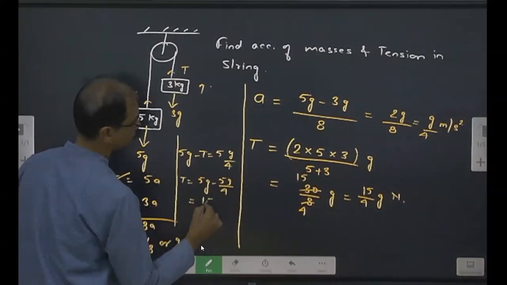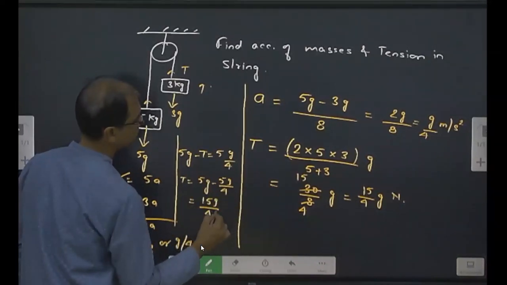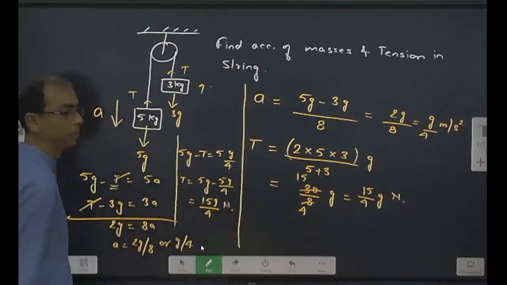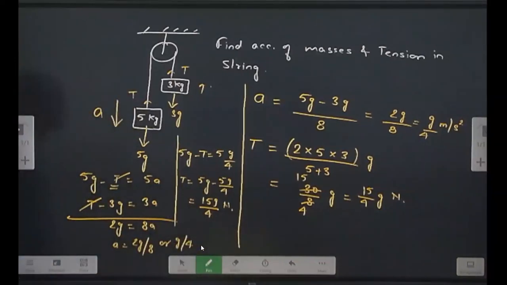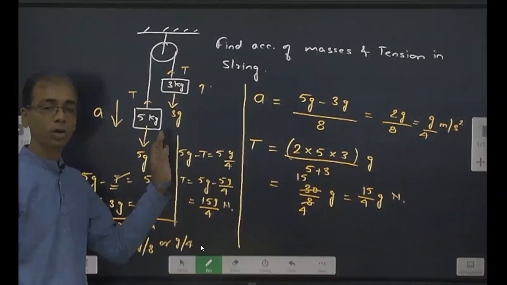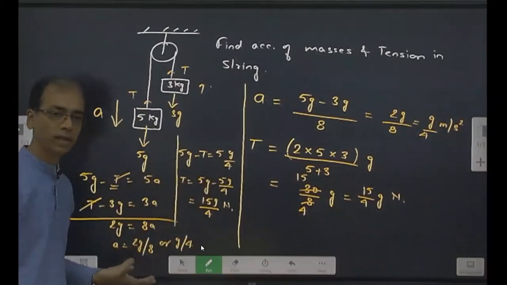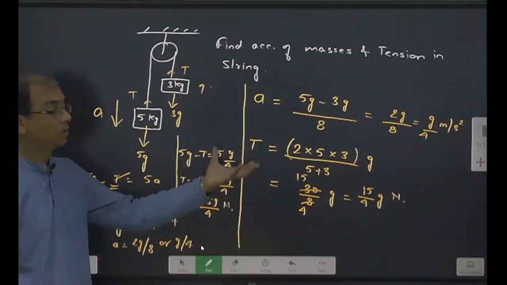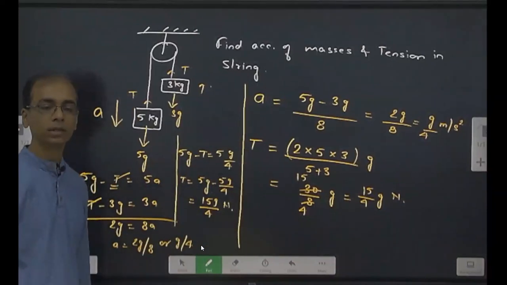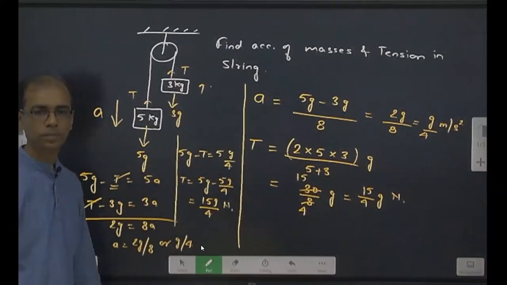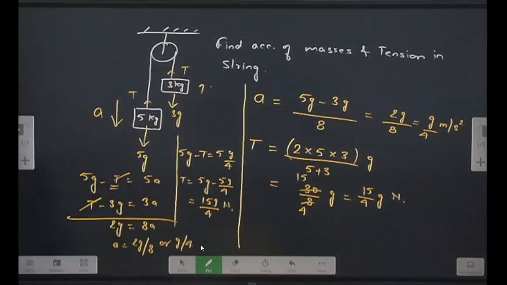That is 15g by 4. So like this, if you forgot the formula, you can still do it fast. No problem. But if you remember the formula, you get the answer even faster. Is this clear? Yes, sir. Okay. Note it first.